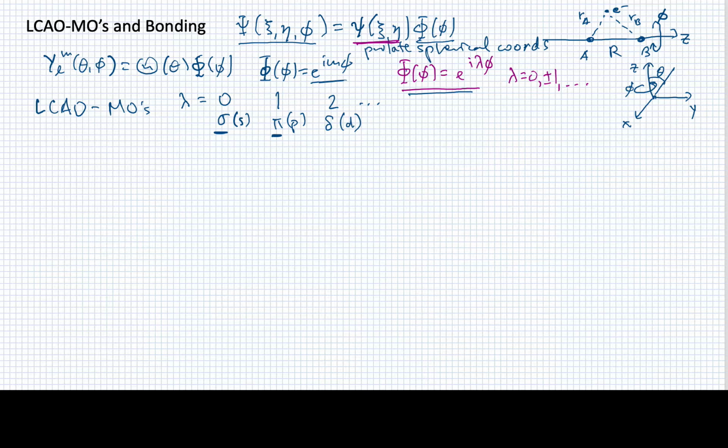Okay, so let's see a little bit about what this means for these wave functions. Now, when we worked up our solution for the hydrogen molecule ion, H2 plus, we looked at it in radial coordinates. So we had, for example, wave functions that we added together to make plus or minus contributions.